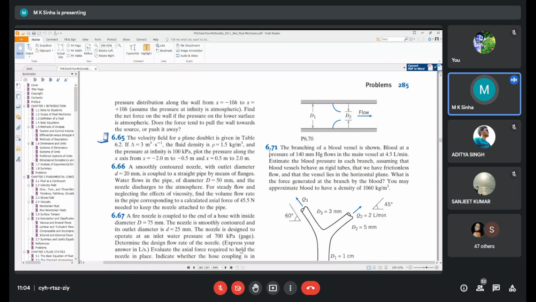Draw a nozzle; 45.5 Newton force is required. Pipe diameter is mentioned as 50 mm. Nozzle diameter is also mentioned as 20 mm.